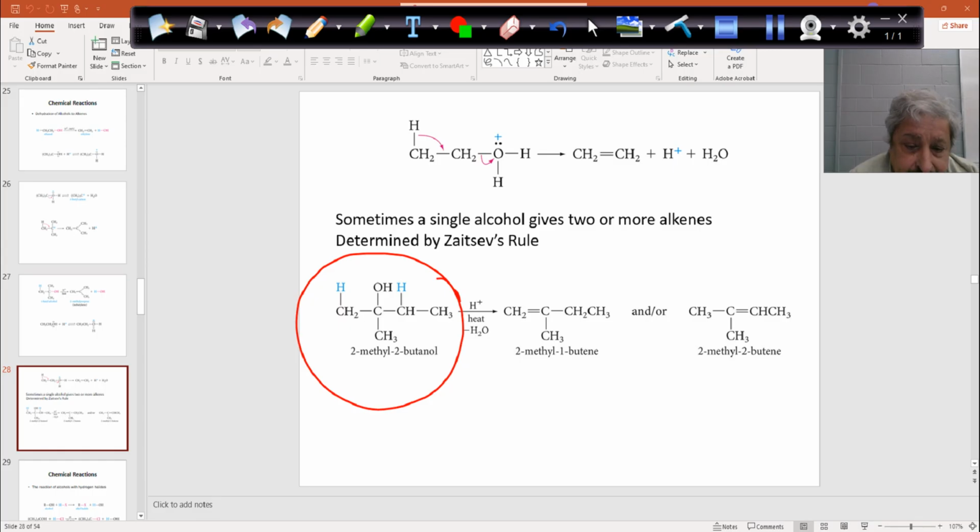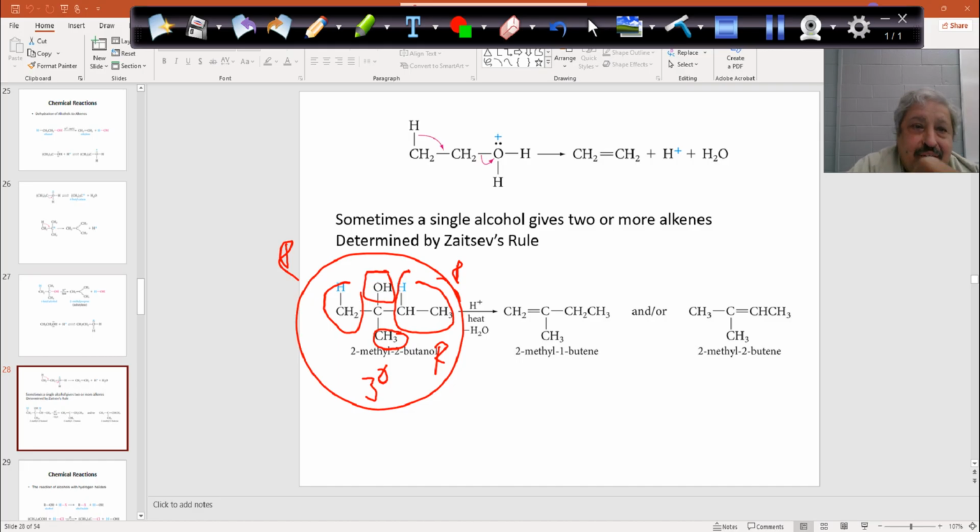What type? Secondary? No. Tertiary. Correct. Why? The whole thing is R. 3 R's connected to the carbon that carries OH. That's tertiary. That's the most stable one.